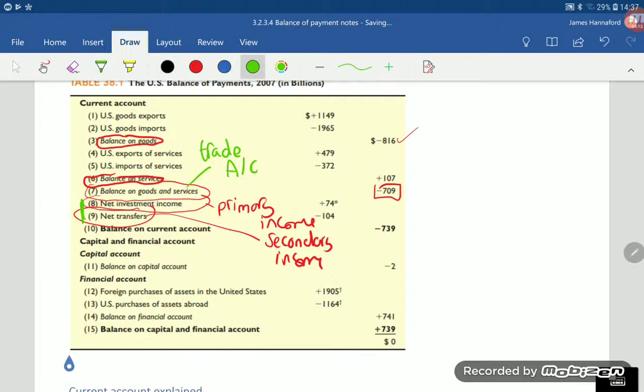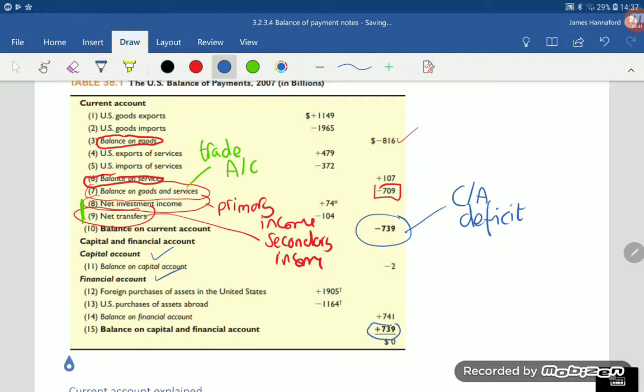Final points. You can see that the balance on the current account is a minus 739. This means that there is a current account deficit. In contrast, we can see that on the capital account, which I will talk about in a second, and the financial account, their totals equal plus 739.